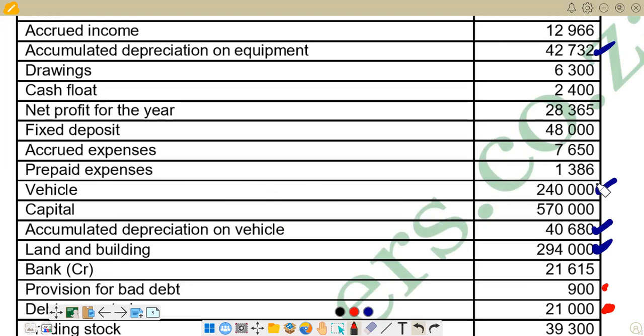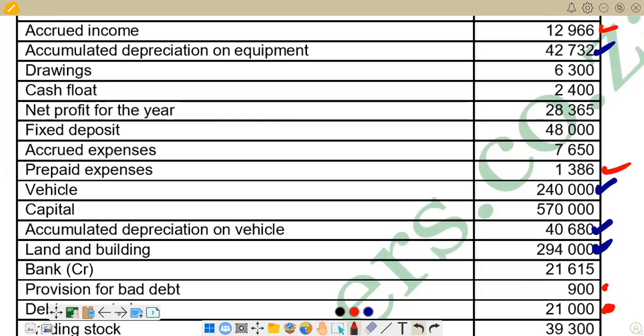So for prepaid expenses, we've got 1,386. Then we also have an accrued income there, which is 12,966. So we are just going to put them again. These ones, add them to the figure for net trade debtors to get the total for trade and other receivables.